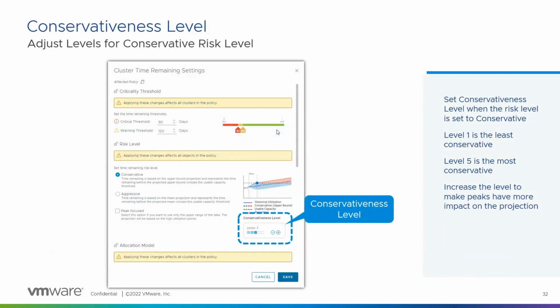Okay, so the next thing here is what we call conservativeness level. When you have conservative risk levels set, you have the ability to set levels of 1 through 5, where 1 is the least conservative and 5 is the most conservative. So if you've got a workload that's even more sensitive, and maybe you want these peaks to have more of an impact on the projection, you can bump the conservativeness level up to, say, level 4.